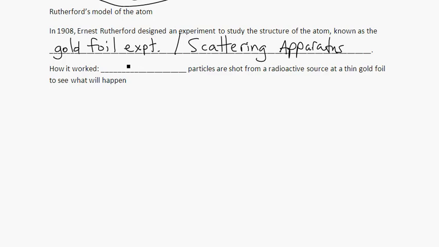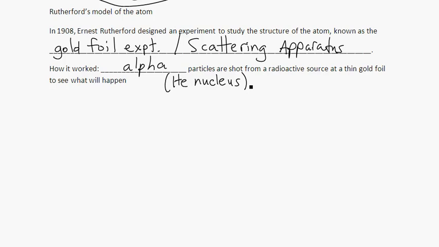They shot alpha particles. Now, alpha particles we'll learn more about when we get to radioactivity, but it's the same thing as a helium nucleus. A helium nucleus. So 2 protons and 2 neutrons. And some radioactive elements give off alpha particles as they decay.